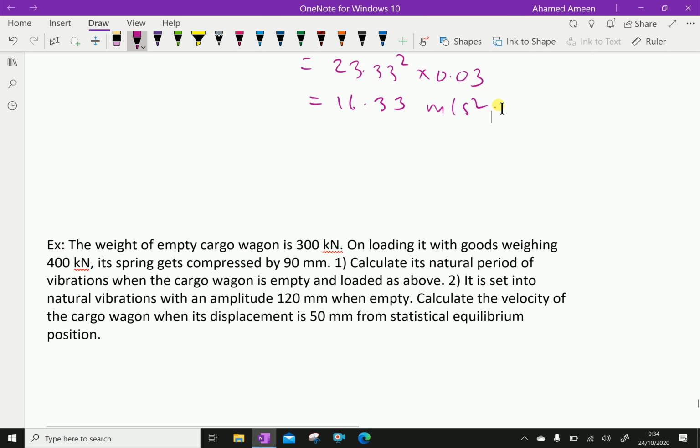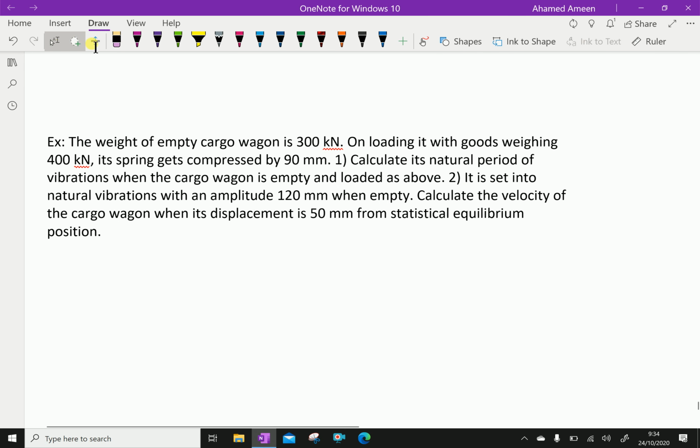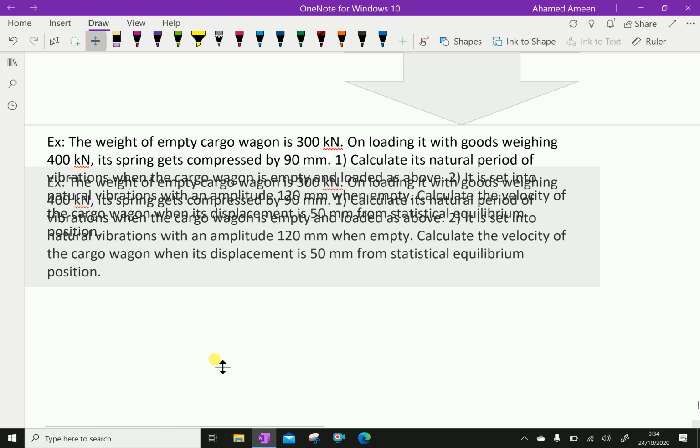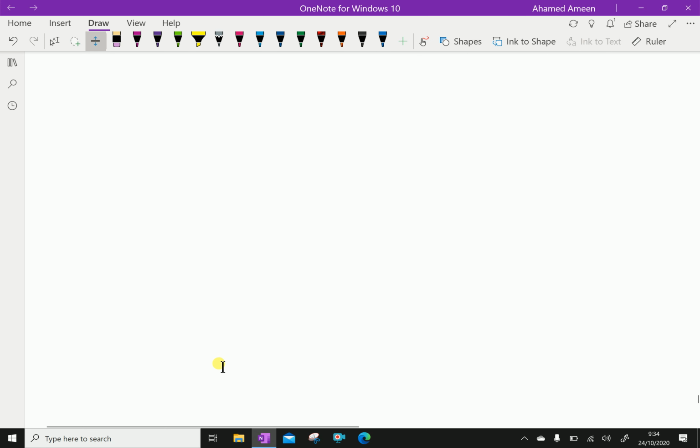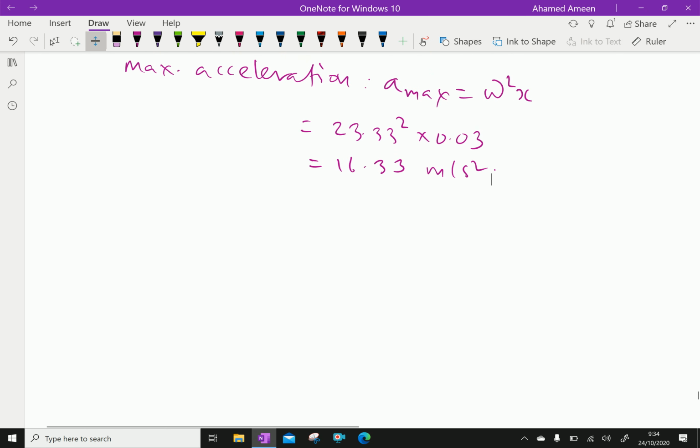Now let us get more space for further calculation. Maximum acceleration is found now.